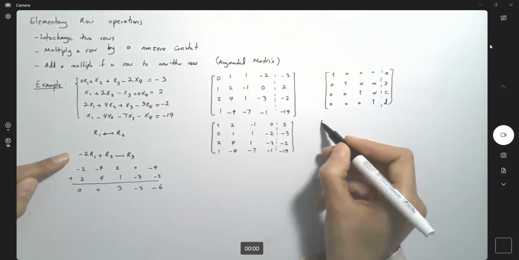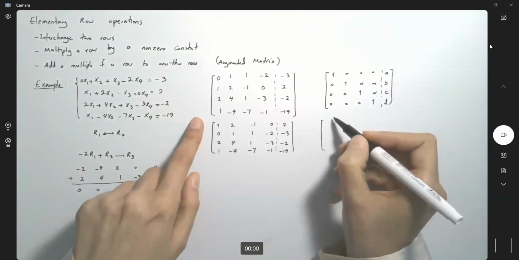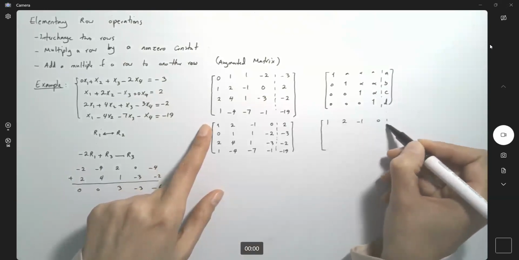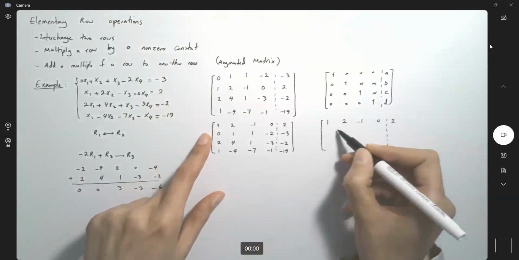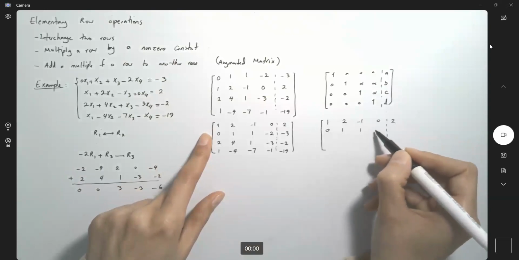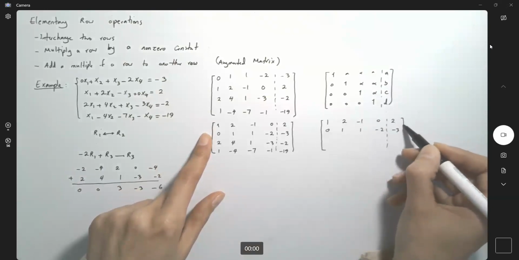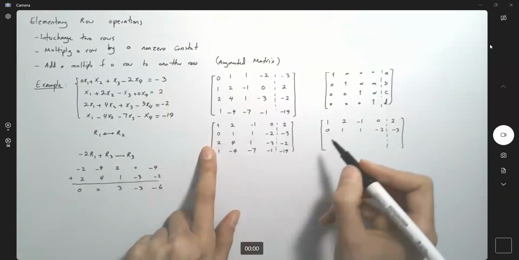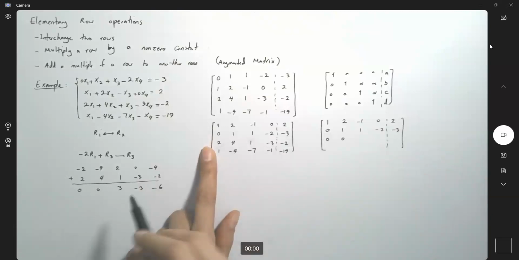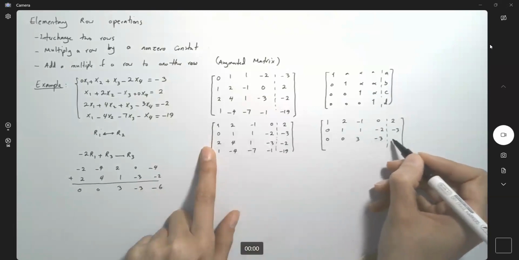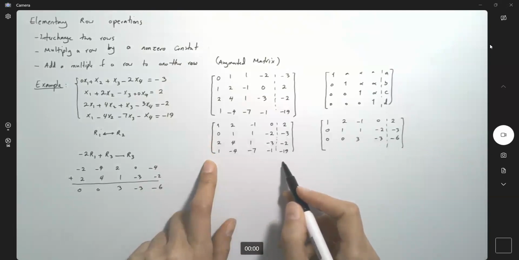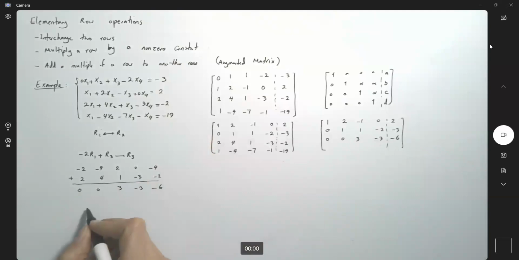So this matrix becomes, copy down the very first row, 1, 2, negative 1, 0, and 2, 0, 1, 1, negative 2, negative 3. Your new third row is 0, 0, 3, negative 3, and negative 6. I'm not going to copy down the fourth row right now. I'm going to make that adjustment that I need and rewrite this.